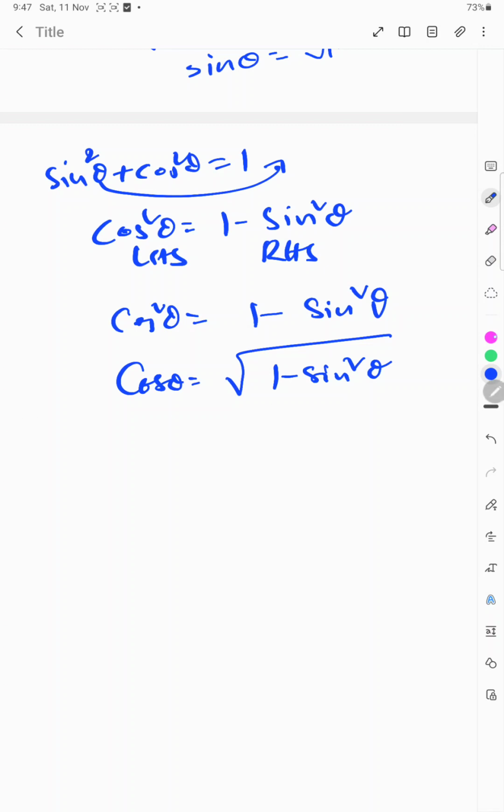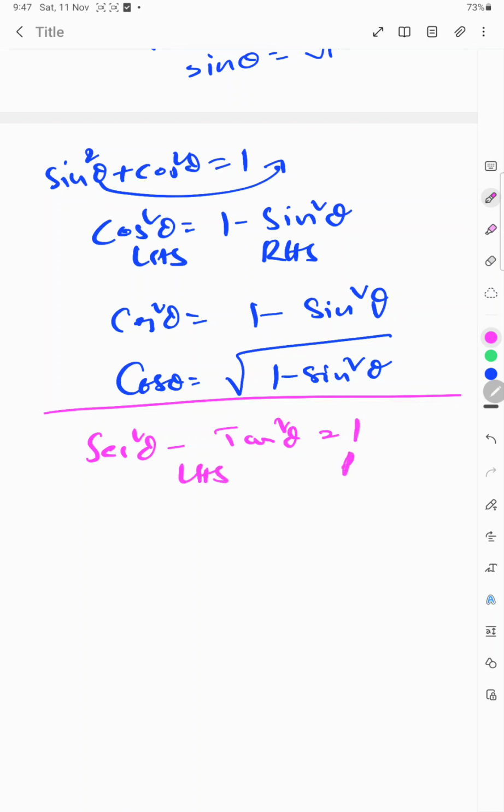And the second one, now I will check secant square theta minus tan square theta is equal to 1. This is LHS, this is RHS, left hand side and right hand side. Secant square theta is equal to 1 plus tan square theta, because tan square theta goes to the RHS as plus tan square theta.